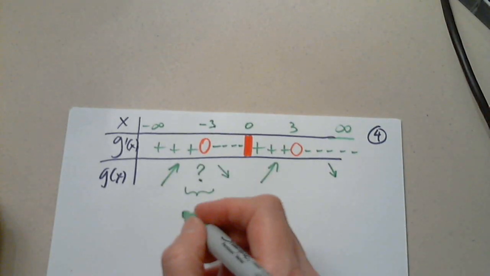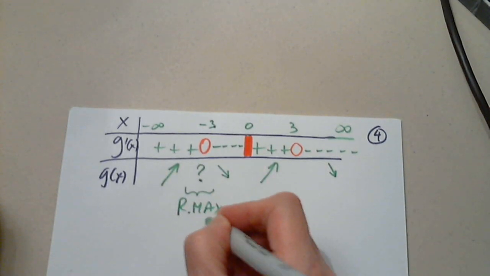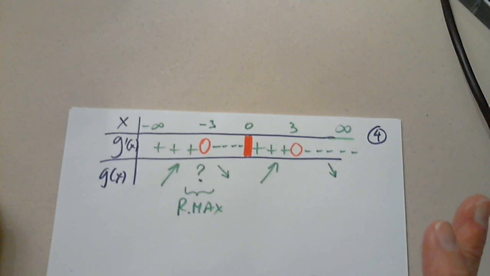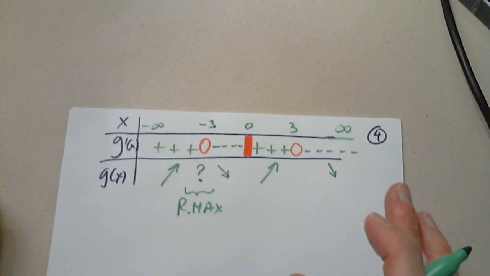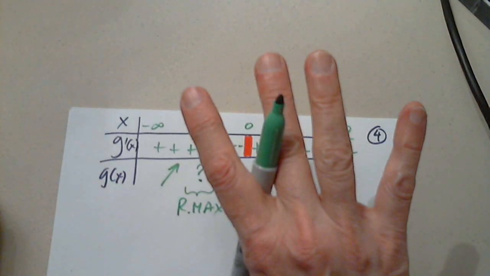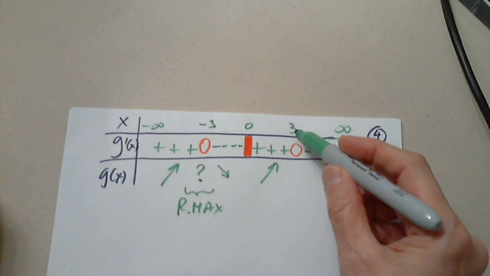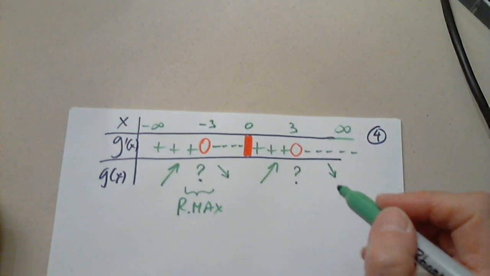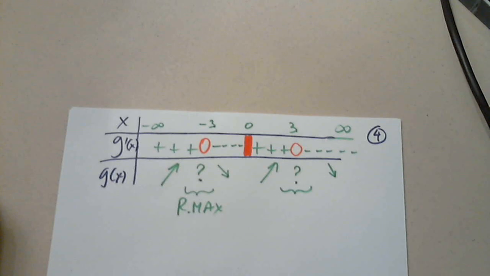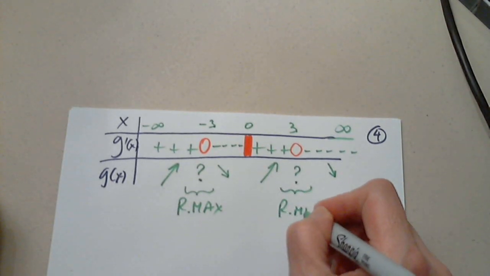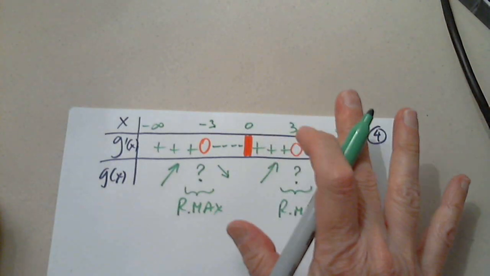The max or the min. Only one. It cannot be at the same time a max and a min. Perfect. Skip this for a moment. What is this point? 3 comma whatever. Max. Yes. Good.